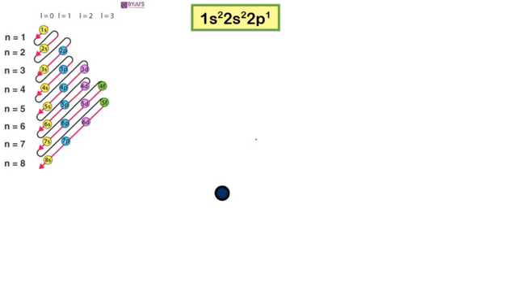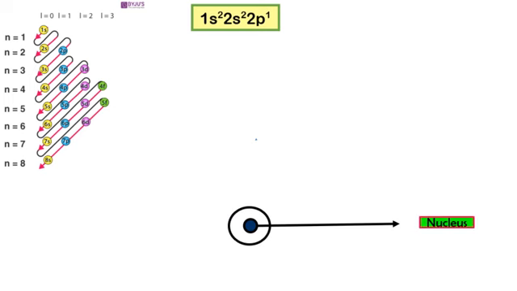So the center part is the nucleus, and around the nucleus, we can find the first orbit, which is n is equal to 1, also known as the first energy level. In n is equal to 1, you can find the 1s2 there. The 1s2 is located in the first energy level.